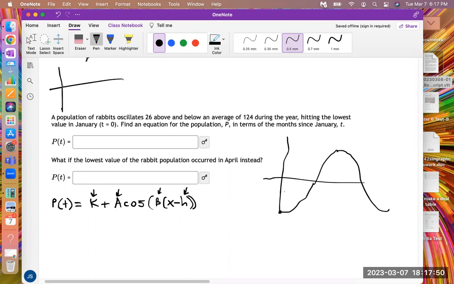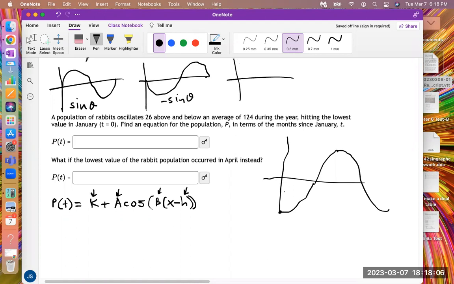The sine looks like a hill and valley. This is regular sine. The flip of that is negative sine. Cosine starts at a max, goes to min, back to max. And negative cosine is the flip of that, so it starts with a min, goes to max, and goes to min.